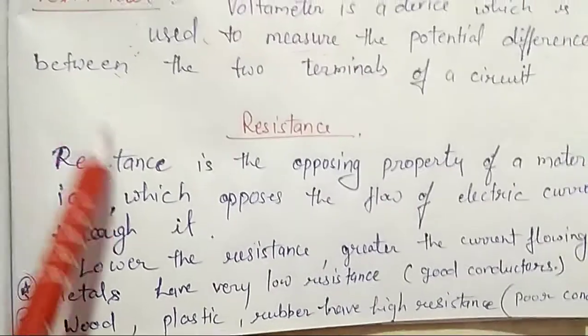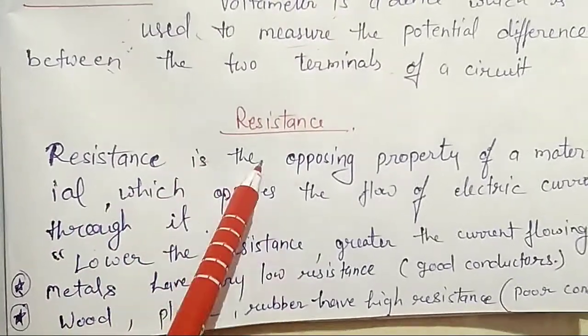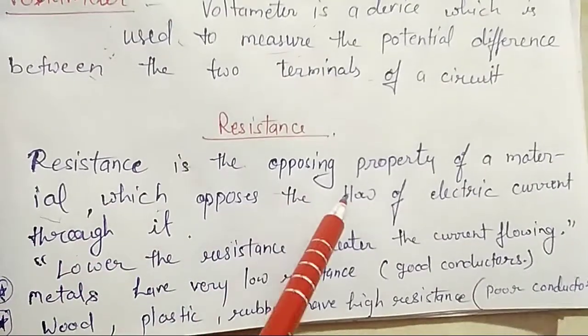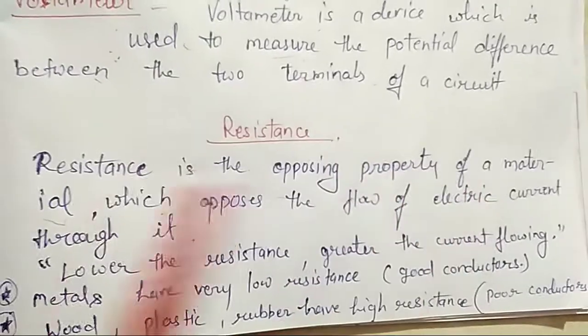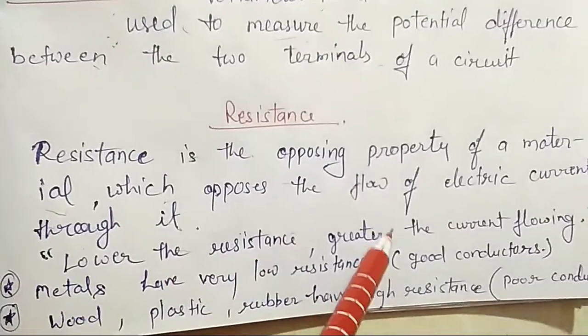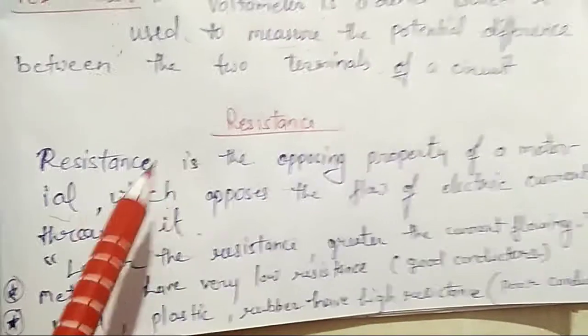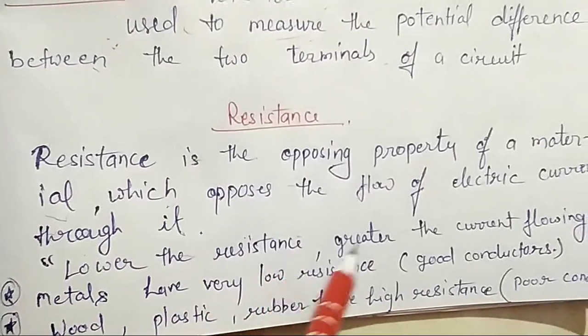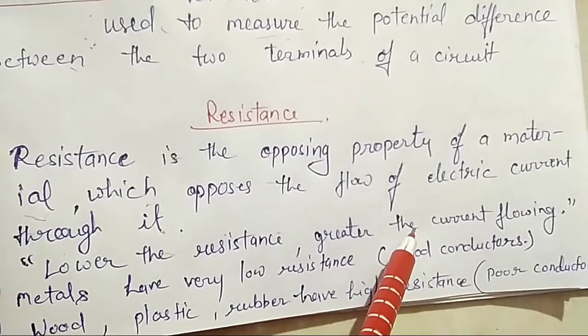The next topic is resistance. Resistance is the opposing property of a material which opposes the flow of electric current through it. The lower the resistance, the greater the current flowing. Any wire that has low resistance has greater current flowing.